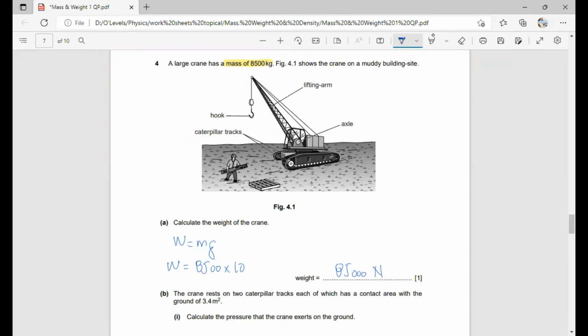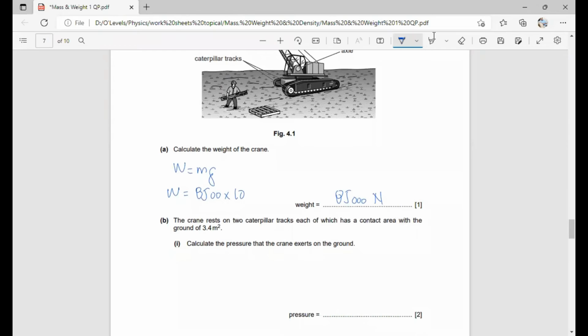Right? And this time we have the contact area, 3.4 meter square.